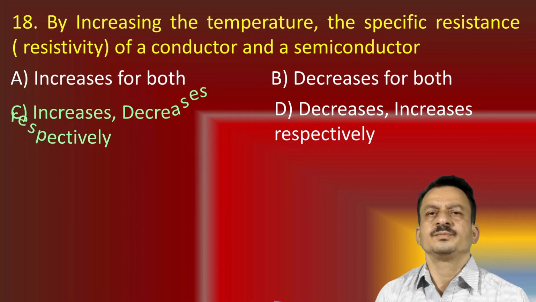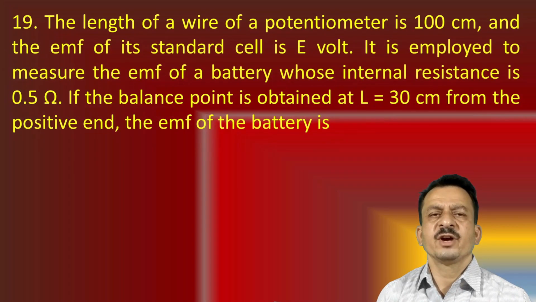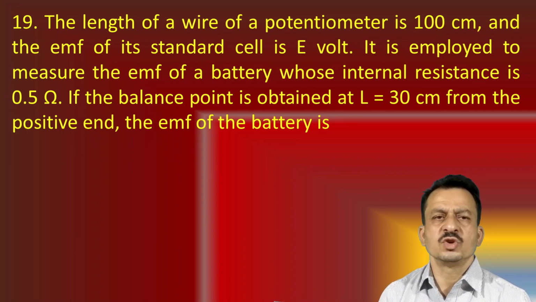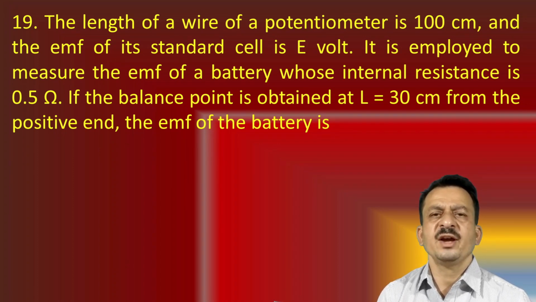Next problem. The length of a wire of a potentiometer is 100 cm and the EMF of its standard cell is E volts. It is employed to measure the EMF of a battery whose internal resistance is 0.5 ohms. If the balance point is obtained at L equal to 30 cm from the positive end, what is the EMF of the battery?